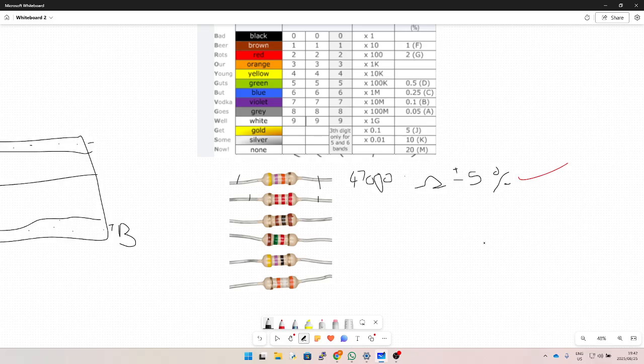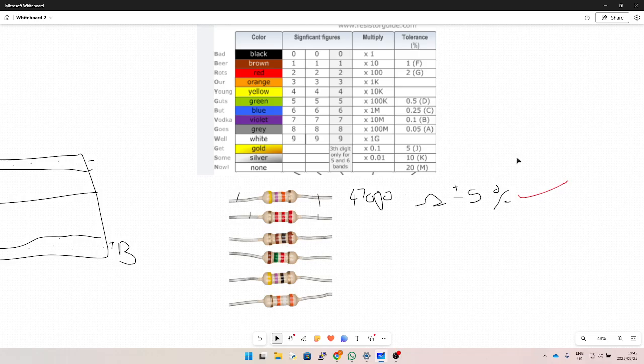You see how Tian gave the answer, right? He said digit one, digit two, then he told me the multiplier and the tolerance. And obviously, once you work out the multiplier, you give me the ohms at the end of your answer. So can you tell me what's my ohm value and what's my tolerance? That's what I'm asking.